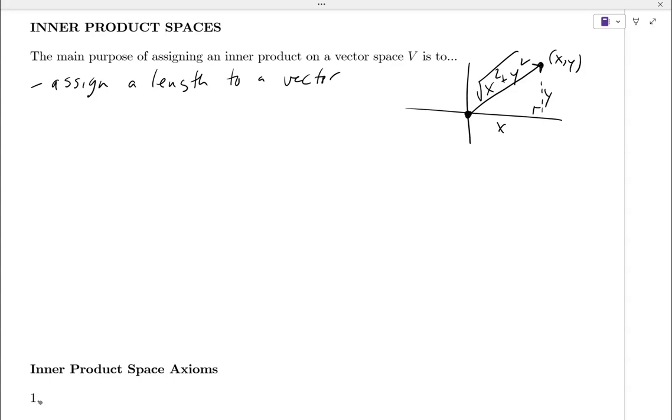Now, if we have this notion of an inner product for Rn, we can also assign a length of the vector using the inner product. So let's talk about the inner product just briefly.